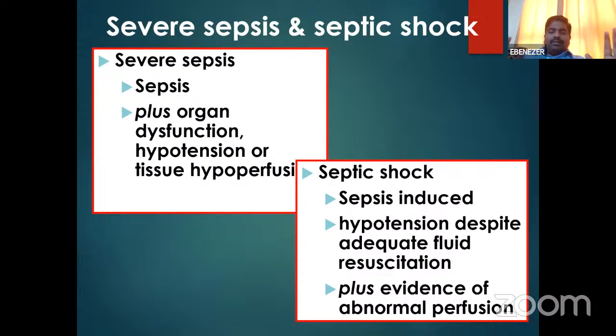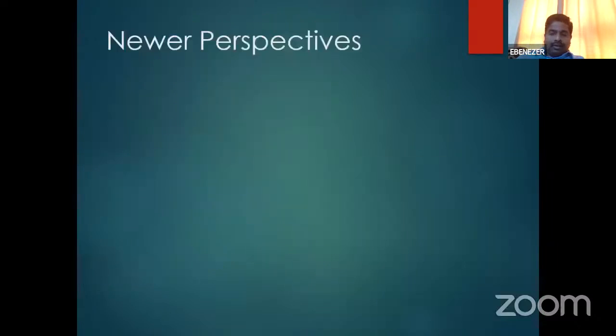So now there is a trimodal distribution here: sepsis, severe sepsis, and septic shock. Now what has happened is severe sepsis has become superfluous in nature. We have taken severe sepsis away from the definition also. And when you think in terms of resuscitating fluid bolus, it is usually 30 ml per kg of crystalloid.